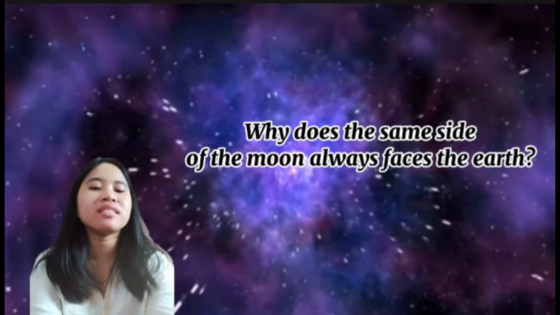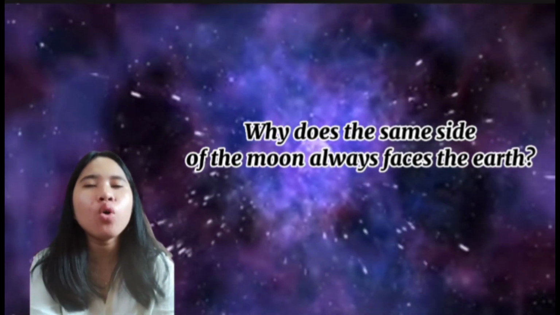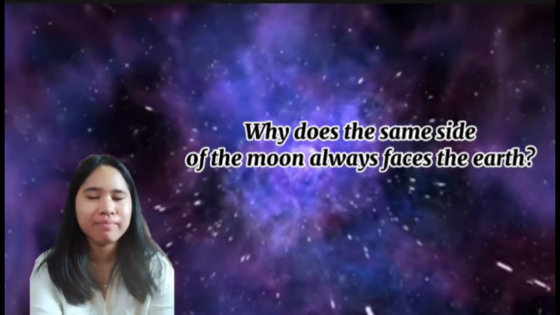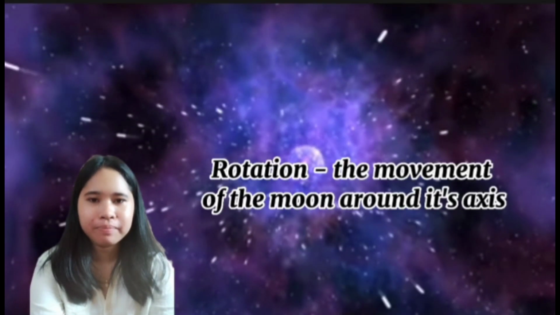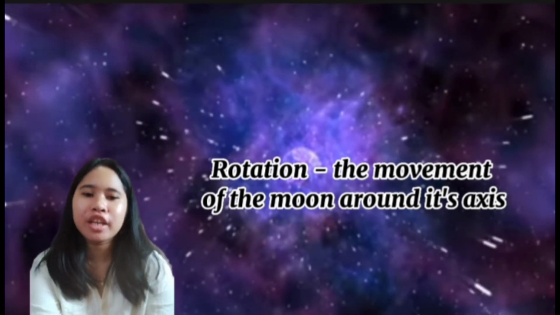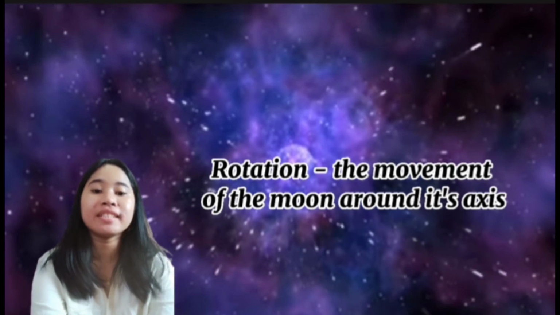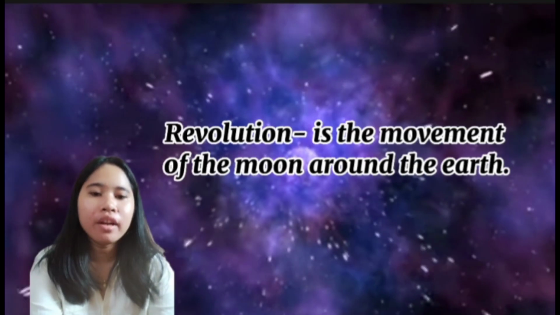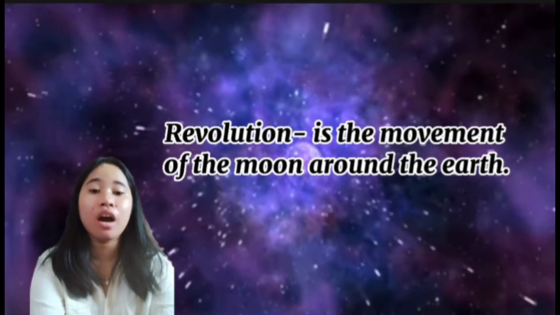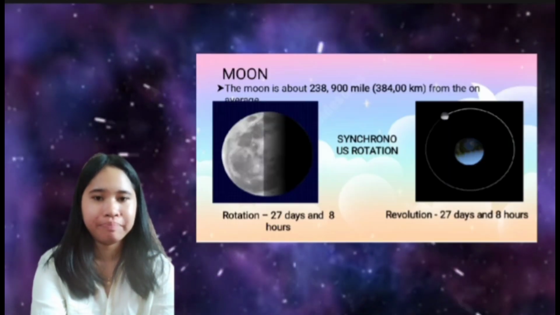Let's proceed to the next very important question, which is why does the same side of the moon always face the Earth? Well, to know this, we must first understand 2 things. First one is rotation. Rotation is the movement of the moon around its axis, while revolution is the movement of the moon around the Earth.